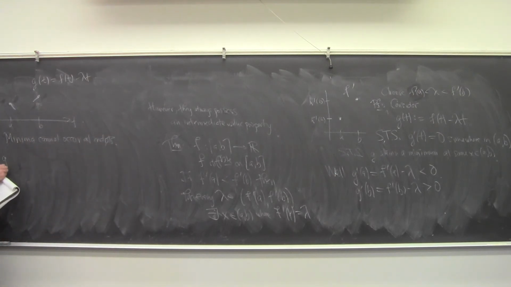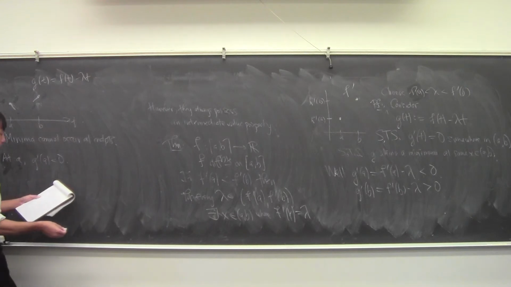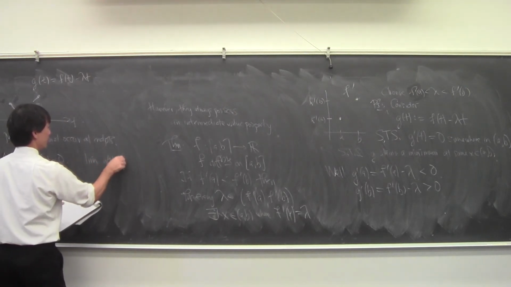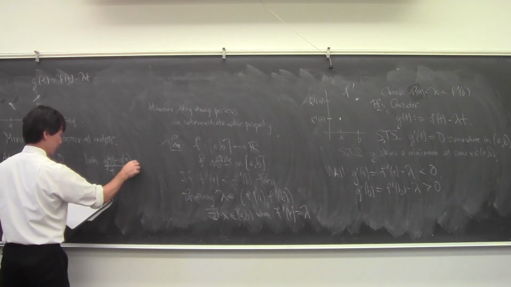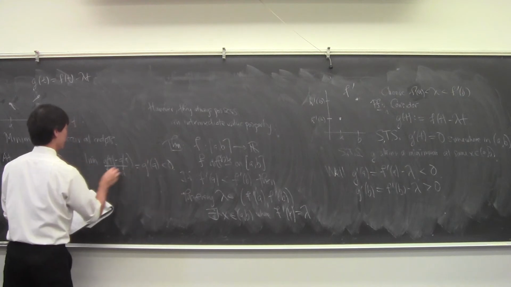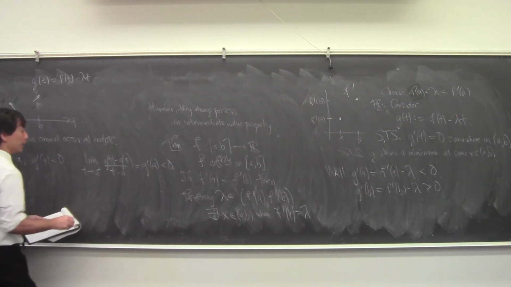For example, at a, g prime of a is less than 0. That tells me that the limit of g of t minus g of a over t minus a is this number that's less than 0 as t approaches a from the right-hand side.